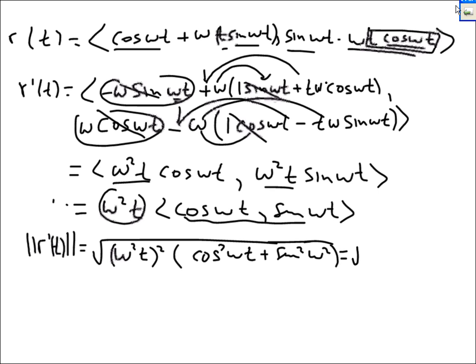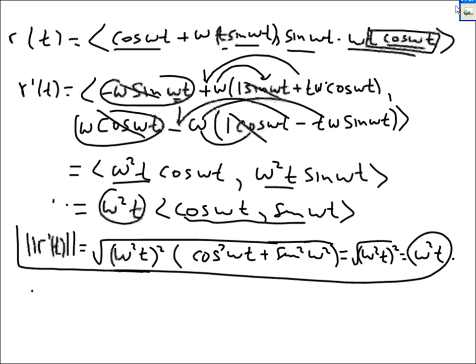So what we get back is just the square root of that, which is omega squared t. So the length of r prime is omega squared t. And I think we need that result.